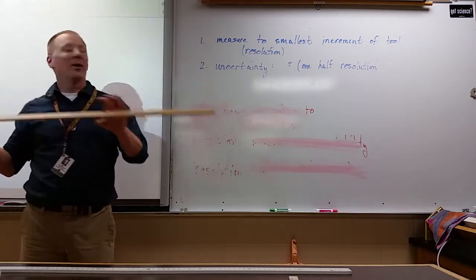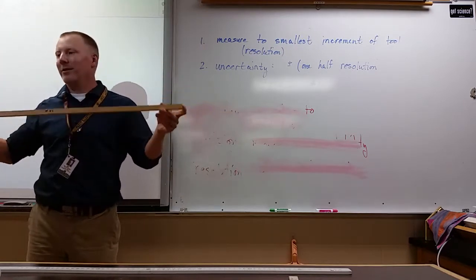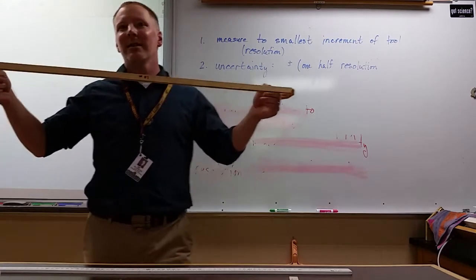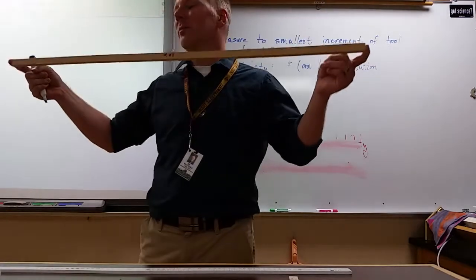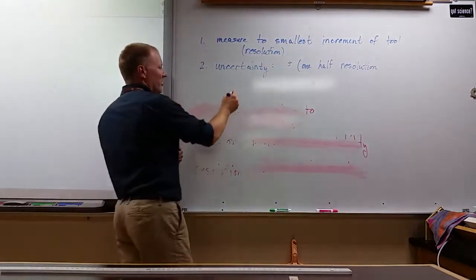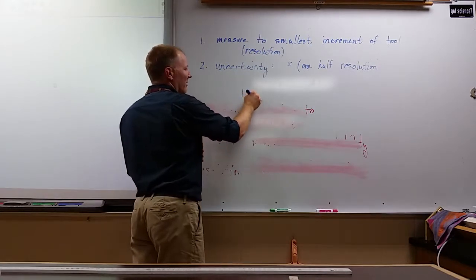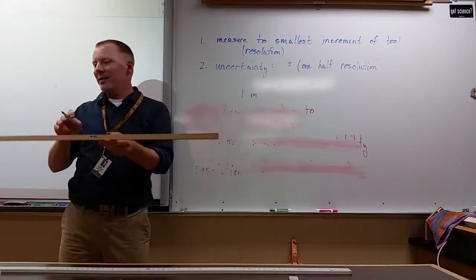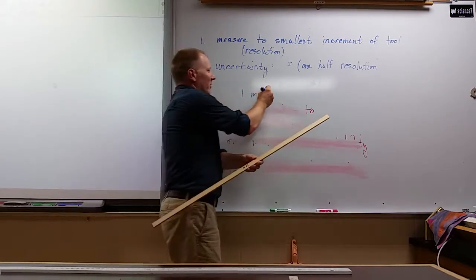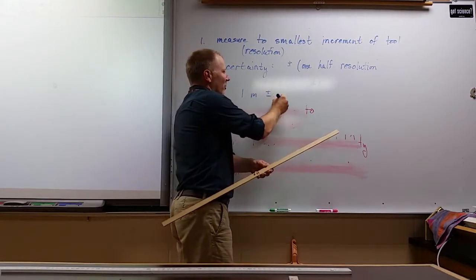The best we could do using this method is, I only know to the nearest meter. It is closer to 1 meter than it is to 2 meters, and it's closer to 1 meter than it is to 0. It was over half. So we would measure this as 1 meter plus or minus half the resolution, which would be written as plus or minus 0.5 meters.